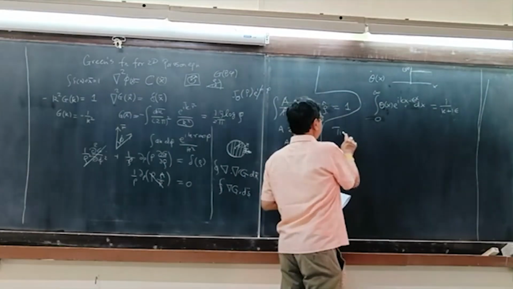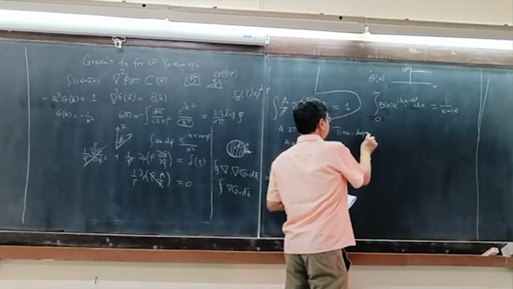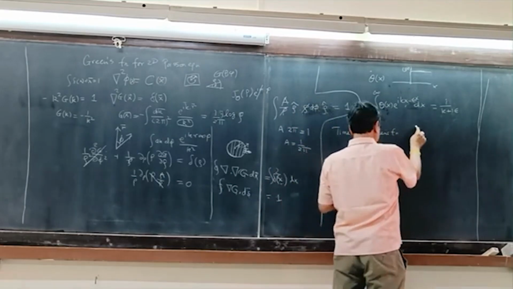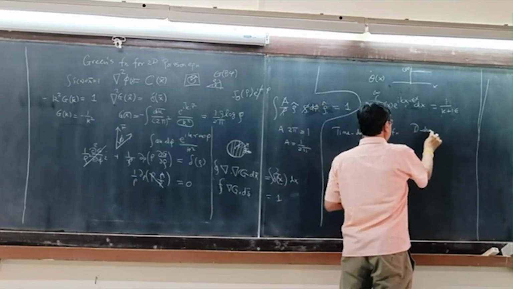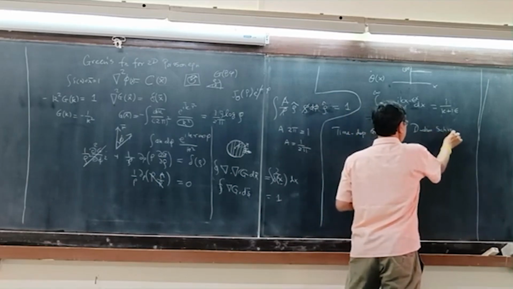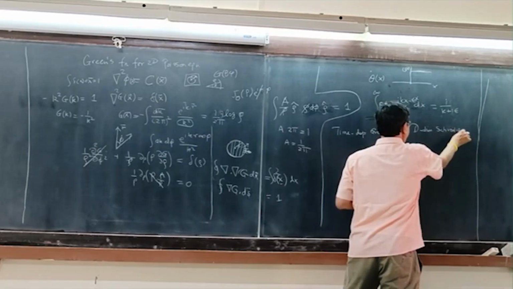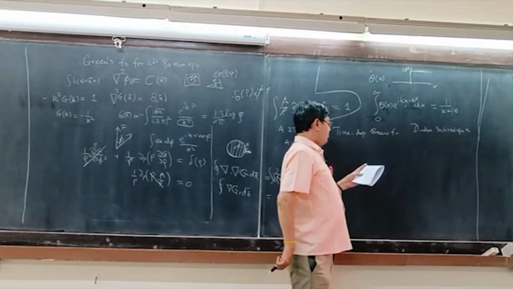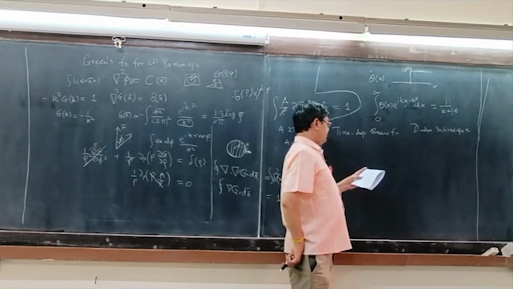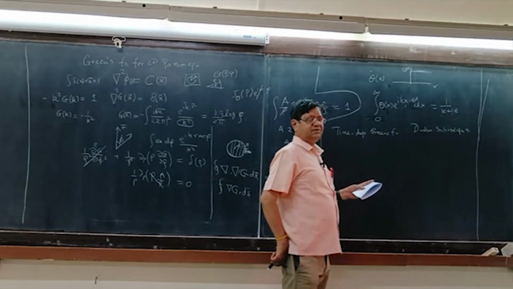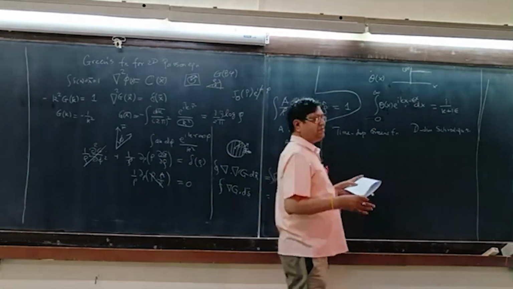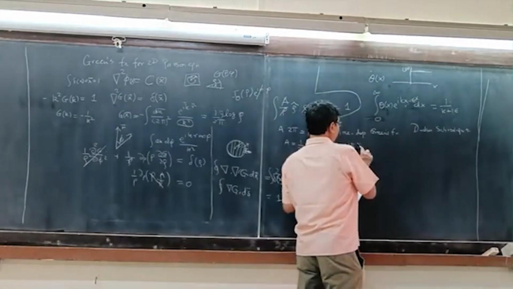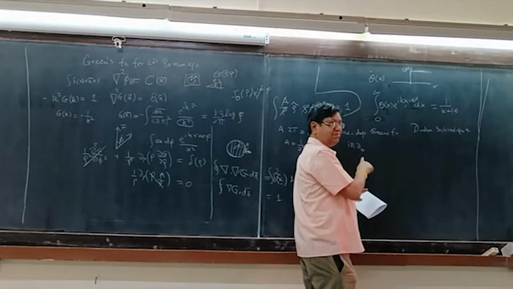The time dependent Green's function for the Schrodinger equation in d dimensions. Now we want to only find the dimension. So time dependent Green's function, normally it is defined like this.